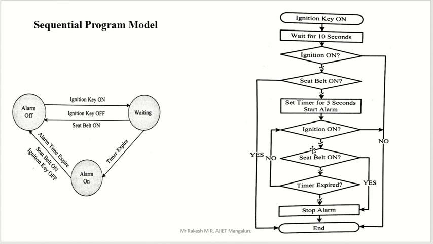If yes, again check whether the seat belt is on. Again check whether the timer is expired. That checking is continuous till the timer expires. So this is your main seat belt warning system.